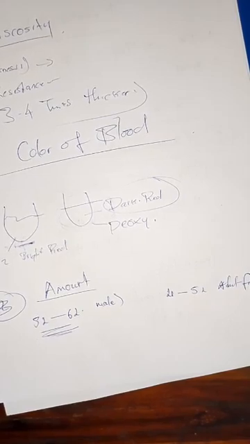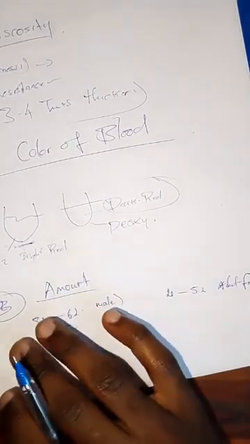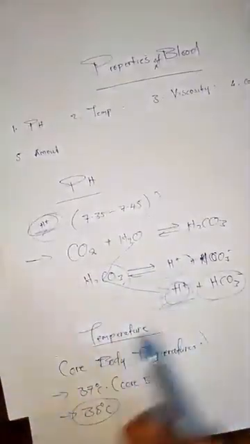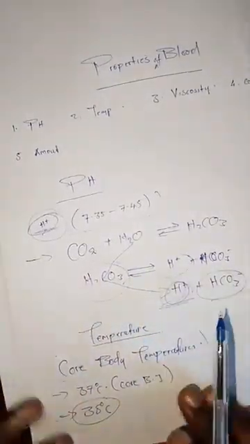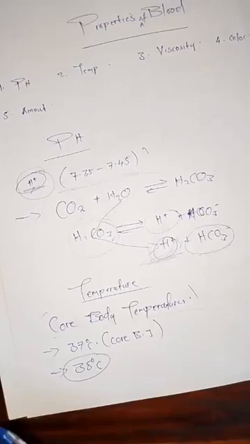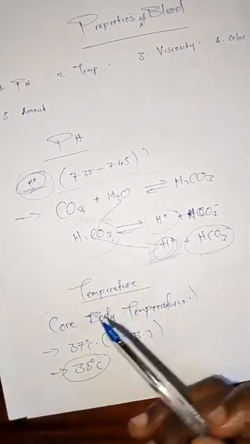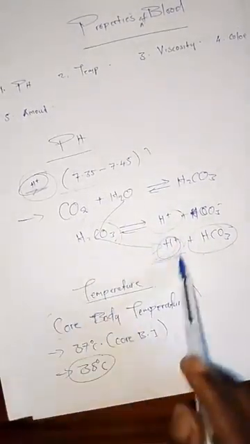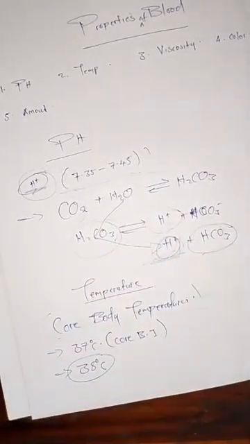Then after assessing these properties, the first property that we looked at was the pH, and we said that the pH of the blood ranges from 7.35 to 7.45, and that venous blood has a lower pH compared to arterial blood due to a higher concentration of hydrogen ions in the blood.